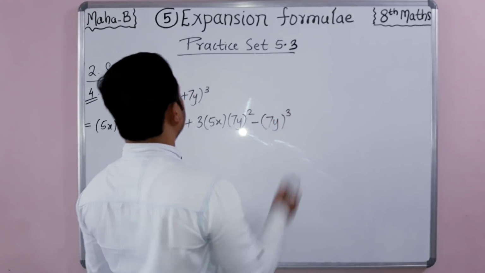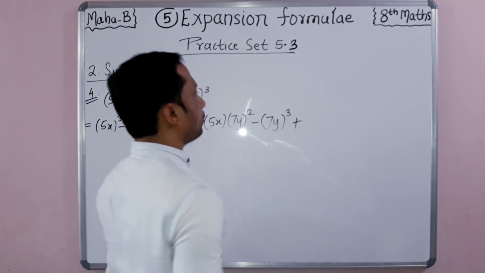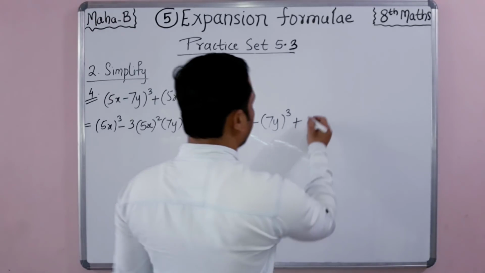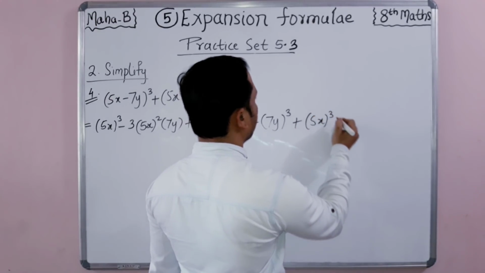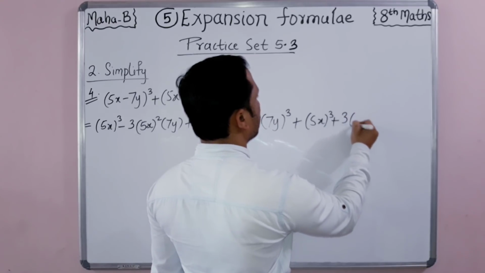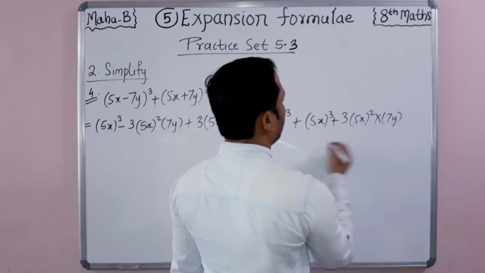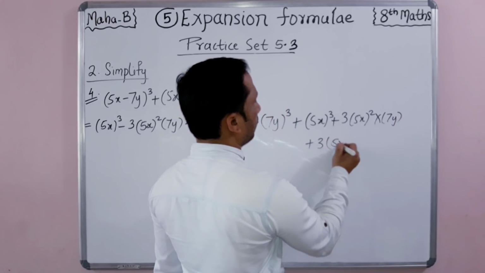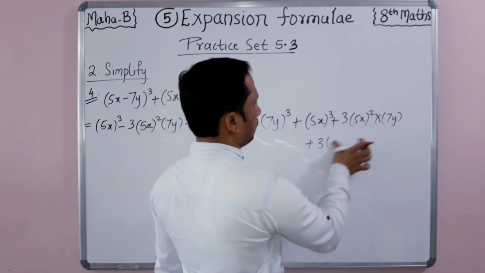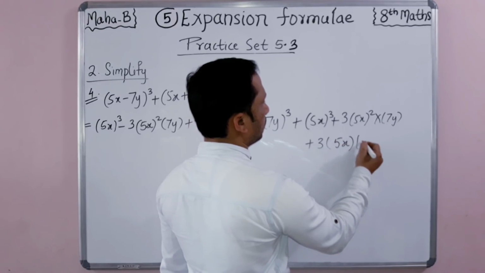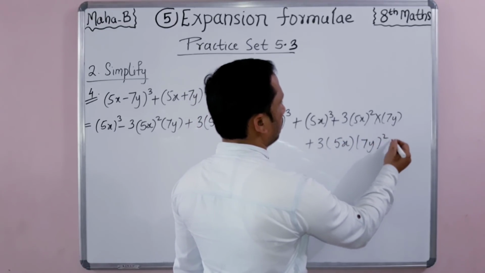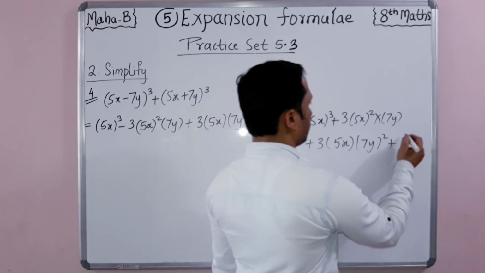Then plus sign is there, that's why I put the plus sign, then first number's cube, that is 5x cube, plus 3, first number square 5x square into second number 7y, and then plus 3 first number 5x into second number square 7y square, and then second number's cube, that is 7y cube.